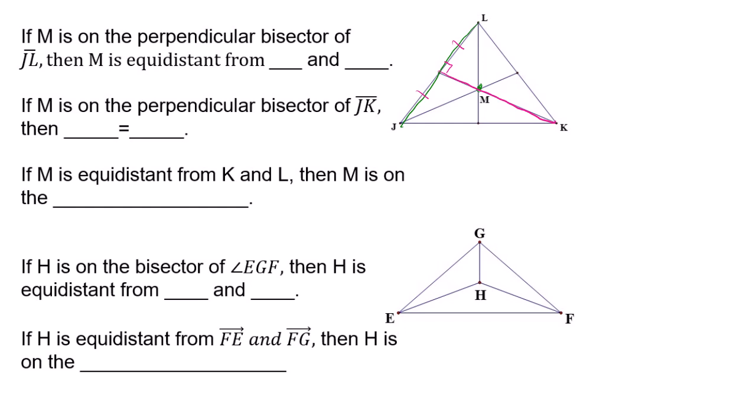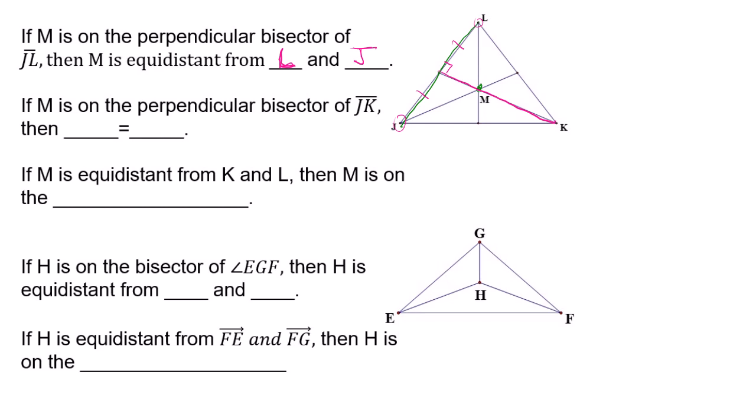So then that means M is equidistant from the endpoints, right? So L and J. So point L and point J. All right, so remember, if a point is on a perpendicular bisector of a segment, then it must be equidistant from the segment's endpoints.